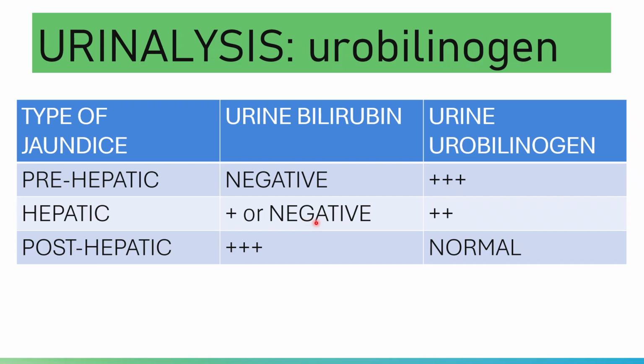It is increased early. In case of liver diseases, liver damage, hepatitis, as such, urine bilirubin is increased early, while urine urobilinogen is decreased early, and increased late accordingly.